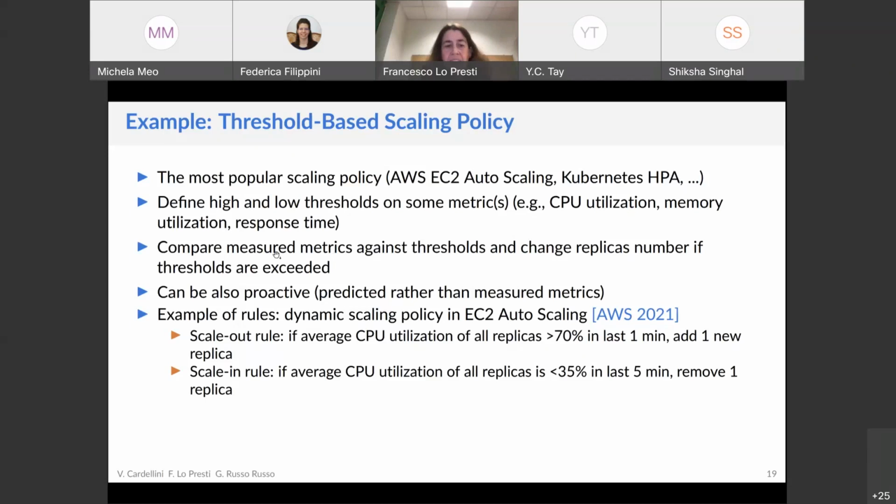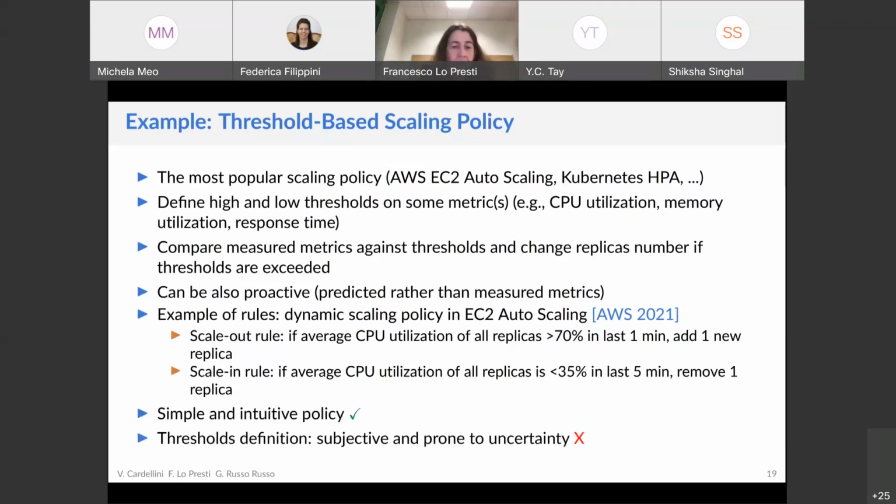And here you can find an example of rules of a dynamic scaling policy, which is used by Amazon in the auto-scaling service that allows you to scale virtual machine instances. So, for example, if the utilization level of the CPUs of all the replicas is higher than 70% in the last minutes, then the controller adds one new replica.